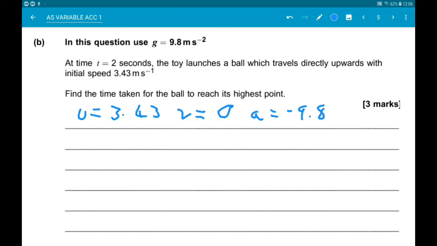So the one we're going to use is v equals u add a t. So from that we get 0 is 3.43 minus 9.8 t.